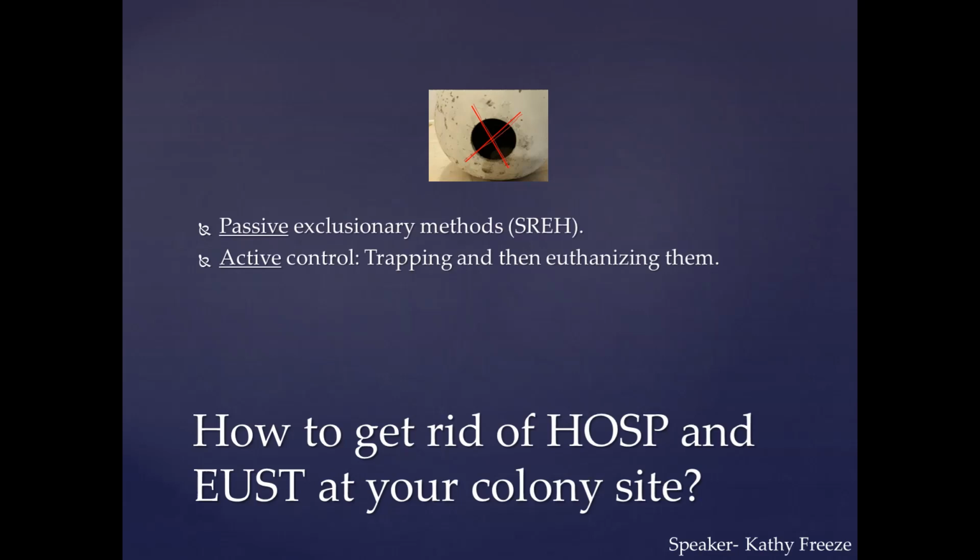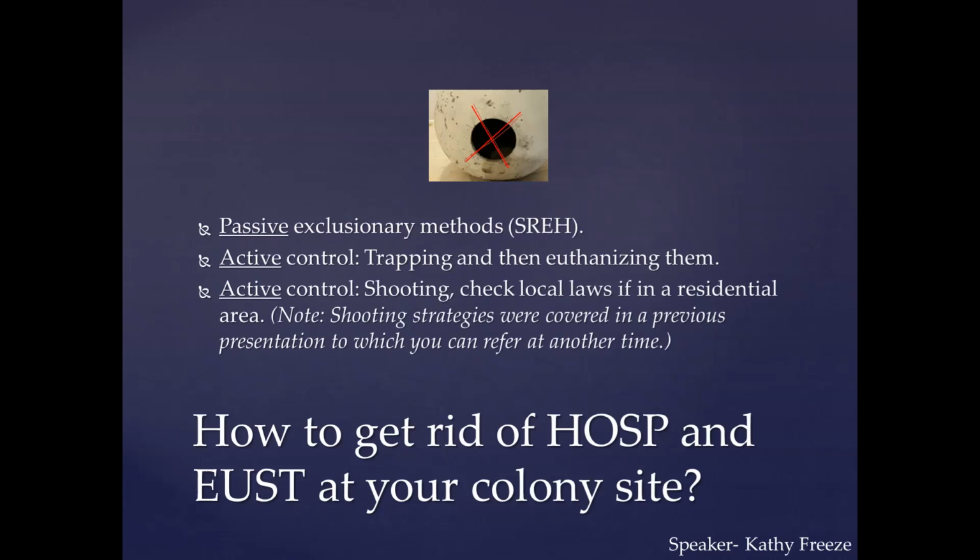Active control: trapping, and then euthanizing them. We can talk about different ways to euthanize them at the end of this if you have questions. And there are so many ways you can trap them in the gourds, and then using the repeating traps. So we're talking about nest box traps, gourd traps, and repeating bait traps.